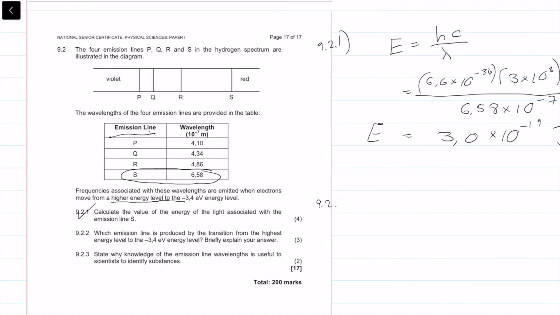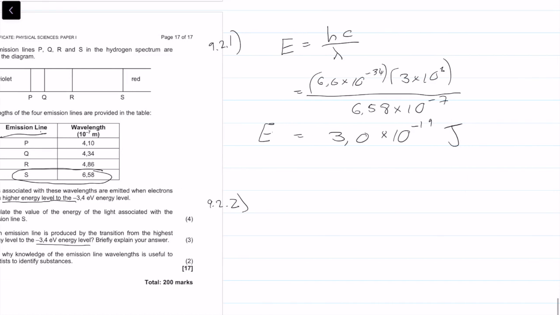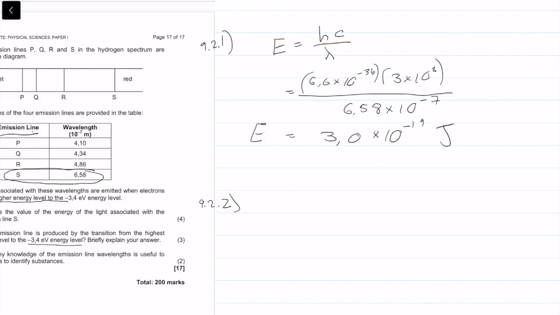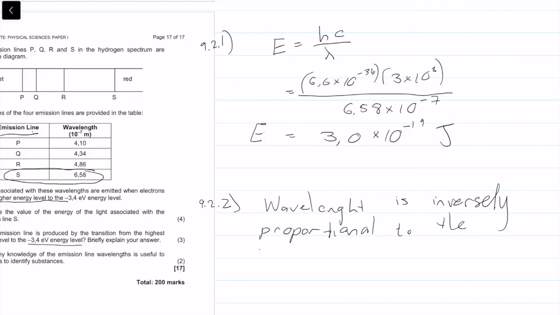Question 9.2.2, which emission line is produced by the transition from the highest energy level to the minus 3.4 electron volt energy level? Briefly explain. For this we need to understand a relationship. This is mostly a theory question. The wavelength is inversely proportional to the energy difference.